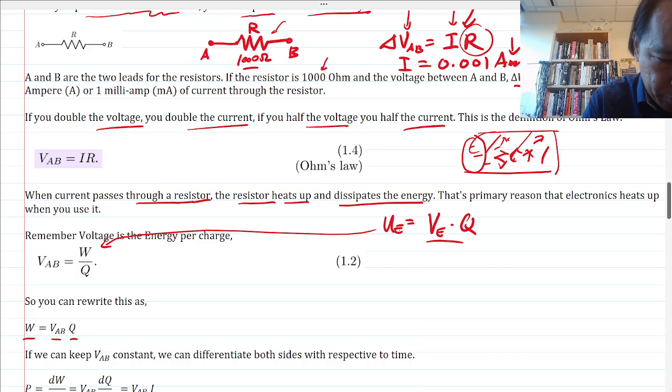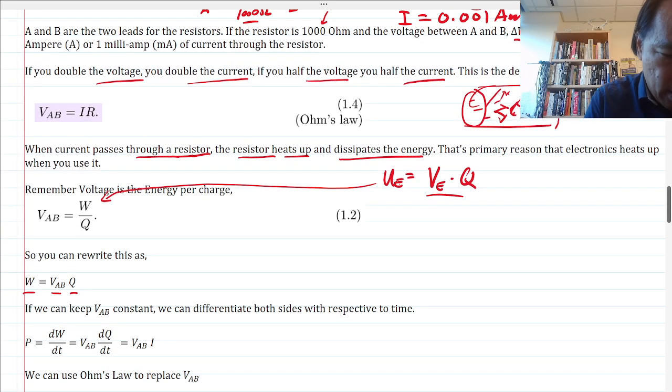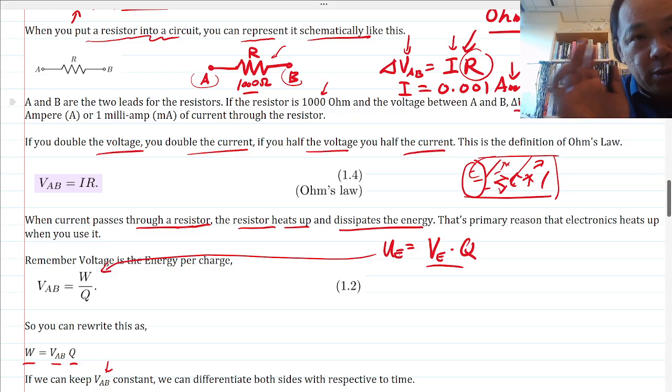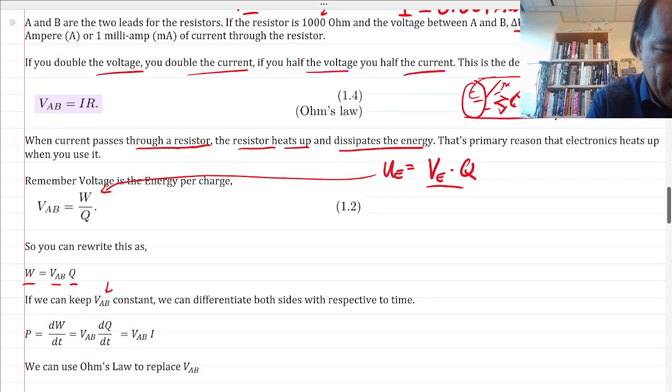If we keep the voltage across this little circuit constant, let's say I'm able to attach a little battery to it so the potential across it is constant, you can differentiate this. So I'm taking the time derivative of both sides.